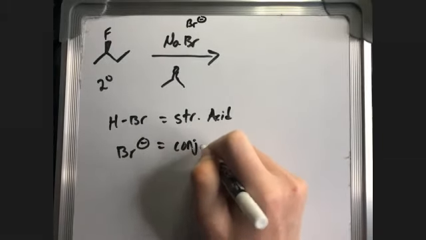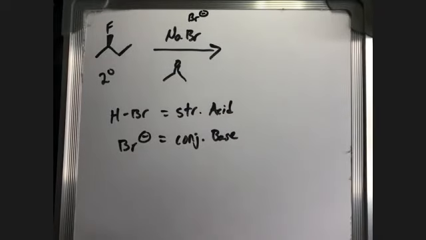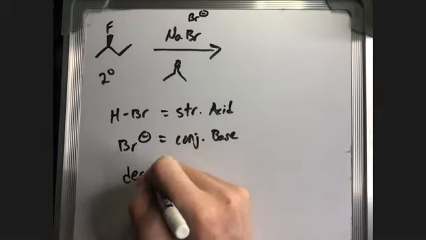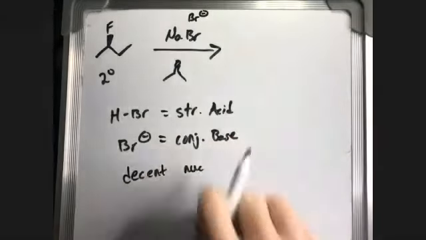Remember, acids and bases have this relationship where if it's a strong acid, its conjugate base is weak, and that's the case here. So that means that Br minus is a terrible base, so it's probably a decent nucleophile, Nu.